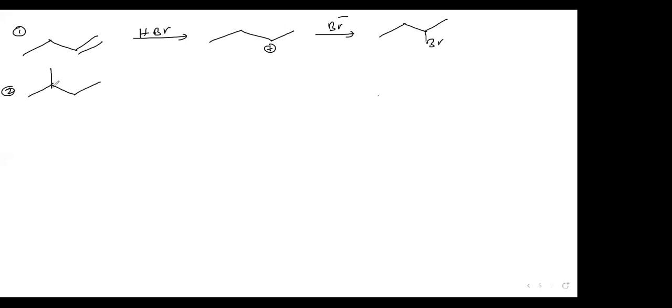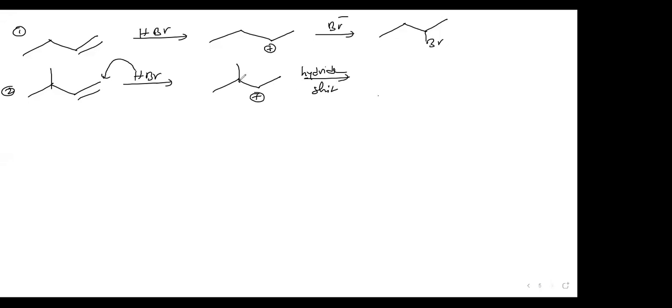In this case, how will you make the answer for this one? First you make a carbocation over here. The H will join over here, and the carbocation is 2 degree. Is there a possibility of making a 3 degree carbocation? Yes, there will be a hydride shift.